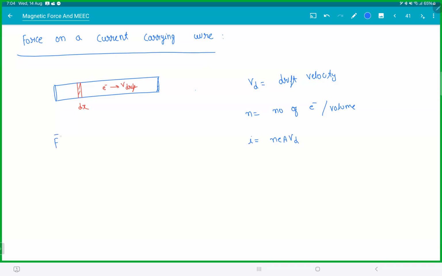So if you take force on one electron, that will be e vd cross B with a minus sign.